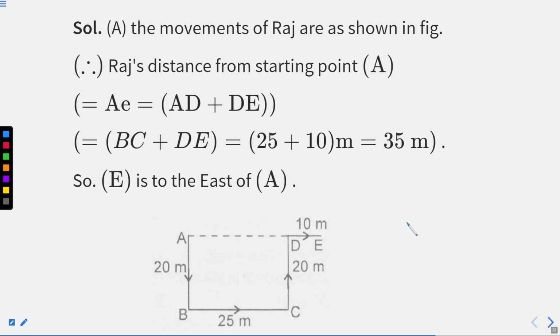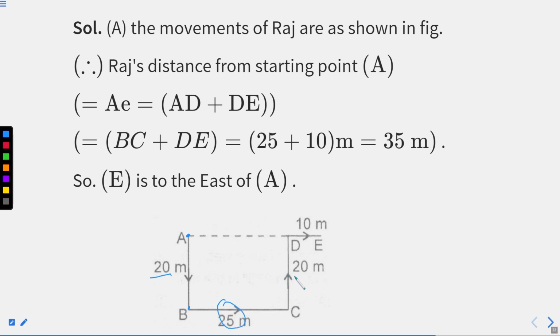Here you can see the movement of Raj as shown in the figure. Therefore, Raj's starting point is A. So we can see that initially he moved from point A to point B 20 meters, from point B to C 25 meters. You can see that distance.